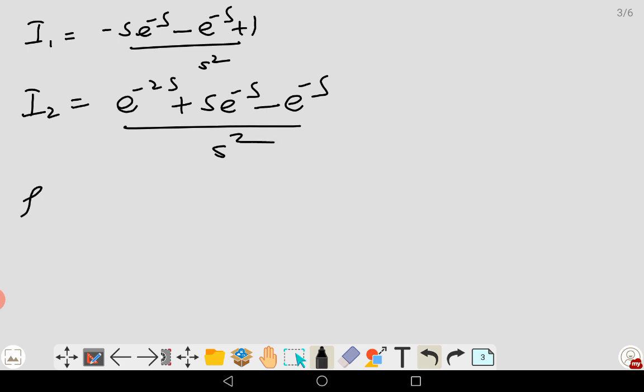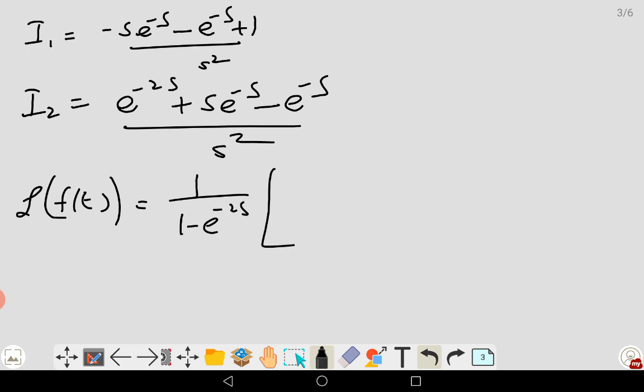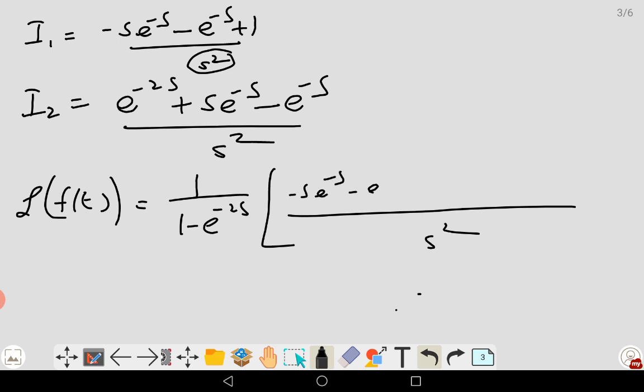Now the final Laplace transform of f of t goes ahead with the outer term 1 minus e power minus 2s. Open the bracket, first integration. Both have the same denominator, so commonly you write s square. The numerator's first term will be minus s into e power minus s, minus e power minus s, plus 1.